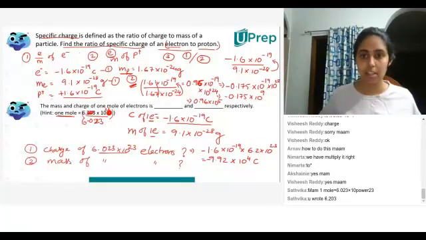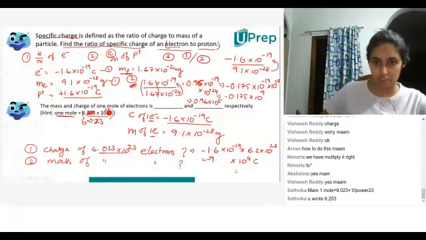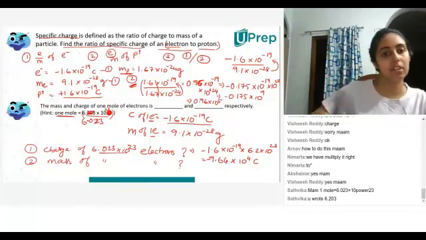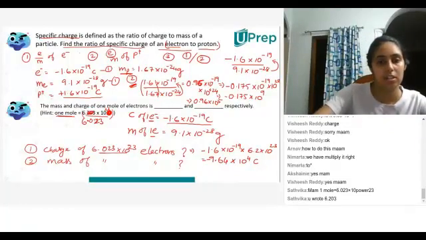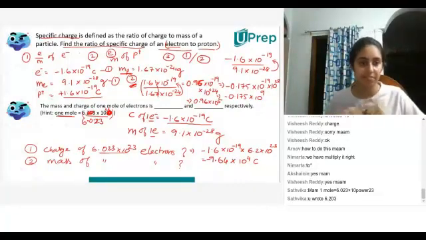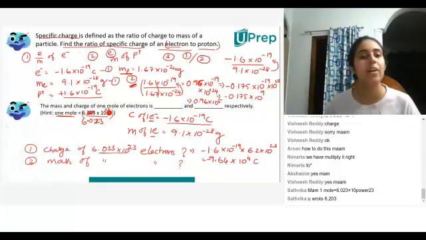So in that case, Vishesh, you are right. I think it is 9.64. Thanks for correcting me, Sapika. Okay, now can you guys solve the second part?